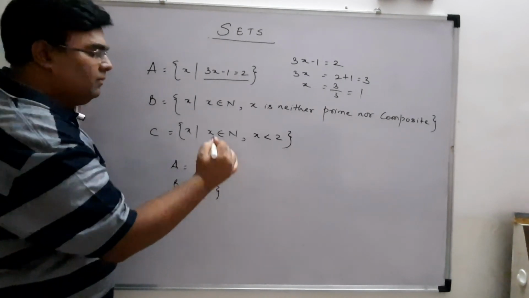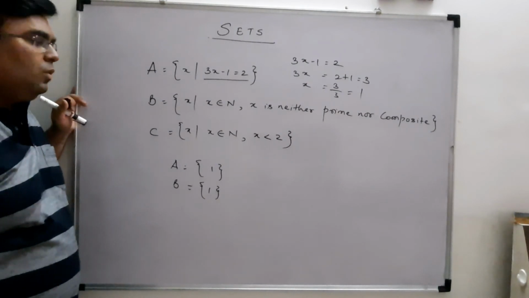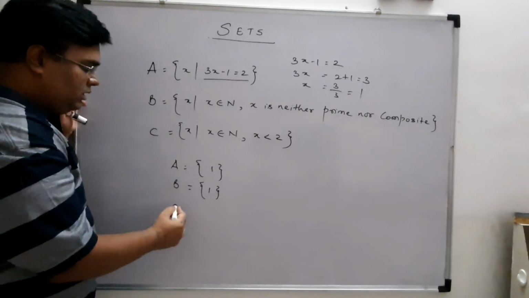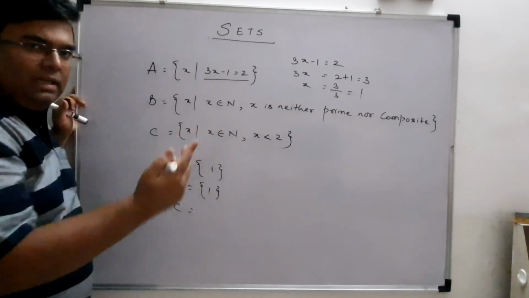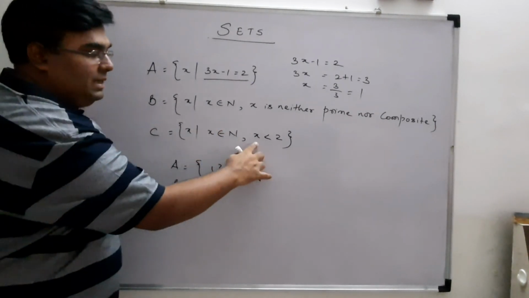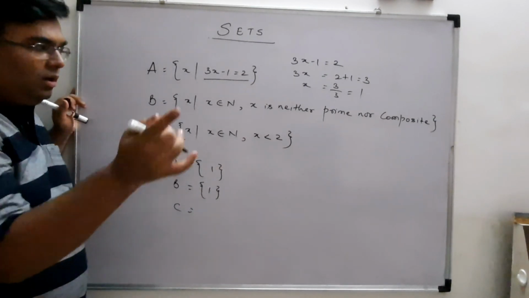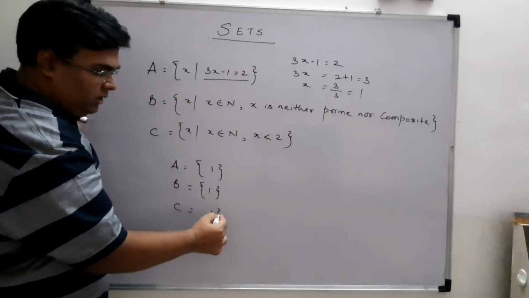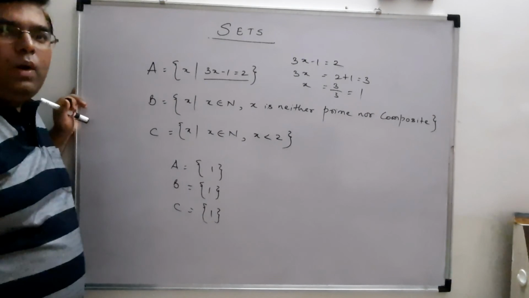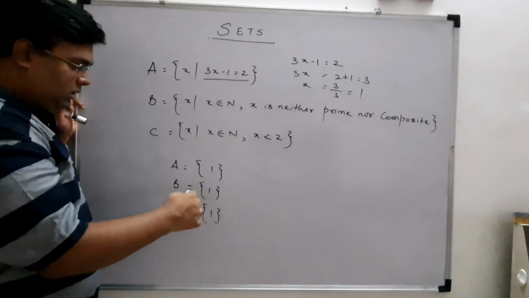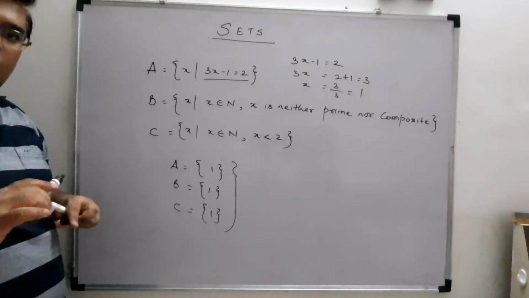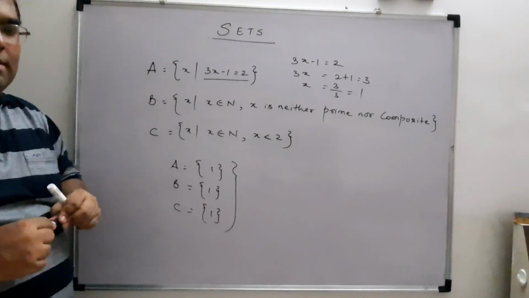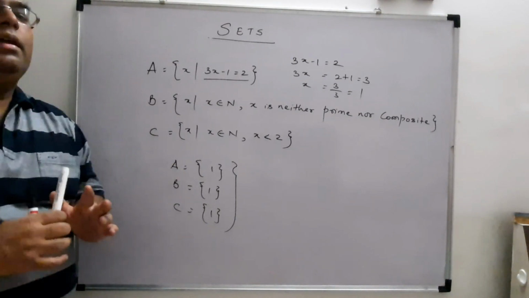Again we have got B as 1. Similarly for C you can say x such that x belongs to natural number, again starts with 1 and x is less than 2, it is not even 2, again only 1. So since all the elements of A, B and C are equal to each other, we can write that these three sets are equal sets.